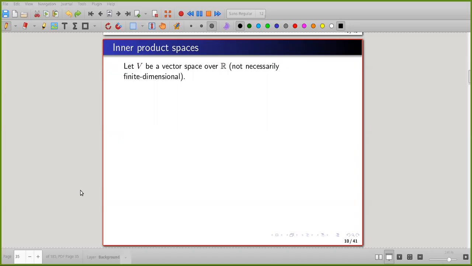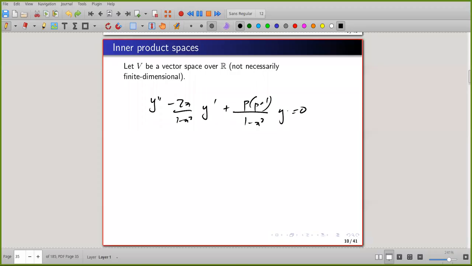Someone has asked a question: the infinite series won't converge. No, the infinite series will converge in the interval -1, 1, because that's what we saw, right? The differential equation is (1 - x^2) y'' - 2x y' + p(p+1) y = 0.